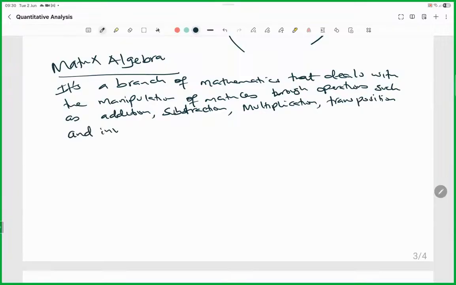We'll combine matrix addition and subtraction, we do them together. So right there, matrix addition and subtraction.